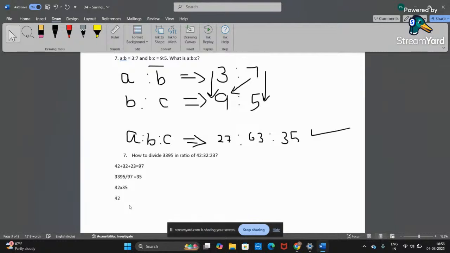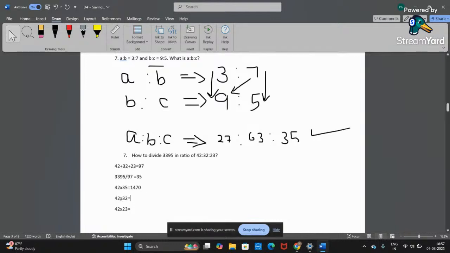Again, 42 into 32, 42 into 23. Like this, we are going to divide this number in ratio form. What is 42 into 35? It is 1470.